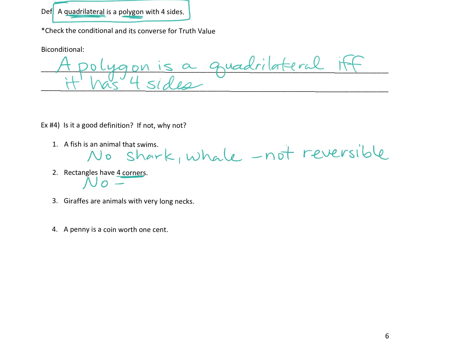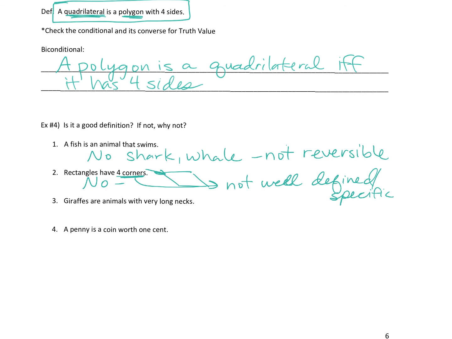Is this a corner? Because then, yeah, that's not a rectangle, but it's got 4 corners. So we would just say 4 corners is not well defined, not specific enough, I guess you could say. Precise, maybe.